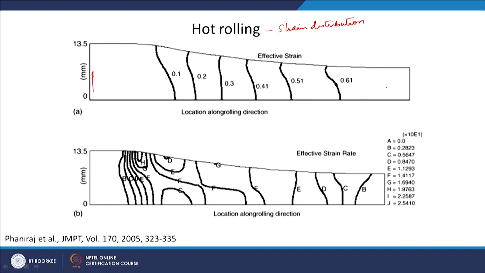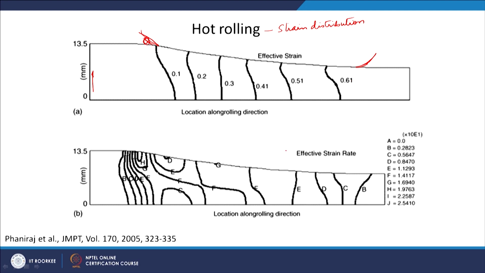You can see that the roll must have started somewhere from here, and somewhere here the roll must be coming out. So, it must be something like this. And you can see how much strain is introduced at different stages. From 0.1 strain you are going up to 0.61 strain.